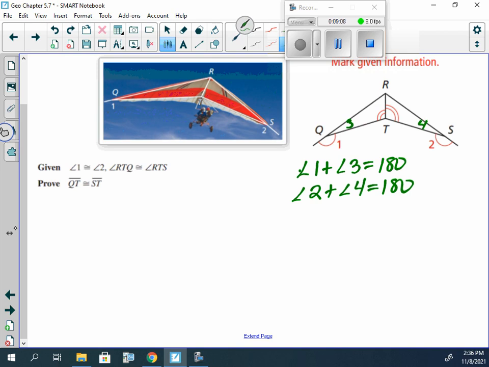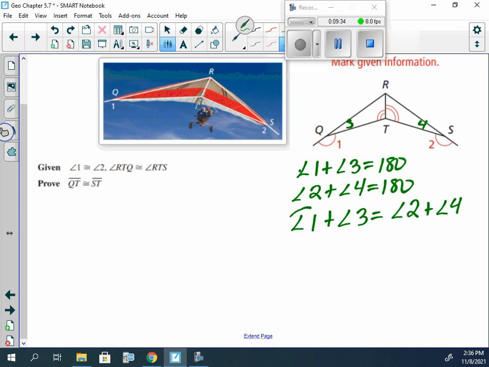Well, since both of these add together to be 180, we could really say that the measure of angle 1 plus the measure of angle 3 is equal to the measure of angle 2 plus the measure of angle 4, our transitive property of equality. So since they both equal 180, guys, let's not forget that. We can set this up here.